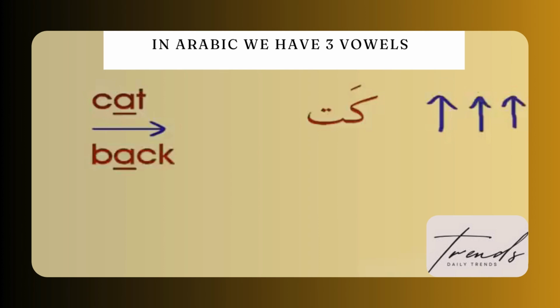Now, similarly, back, the word back, so it's the same sound, back. Now, just something to note is when we say this sound, you'll notice your mouth is open, wide.